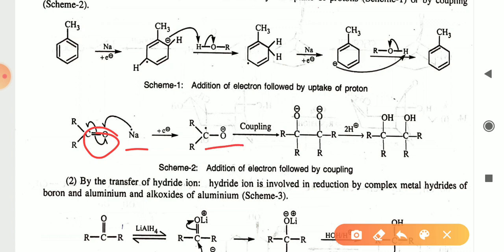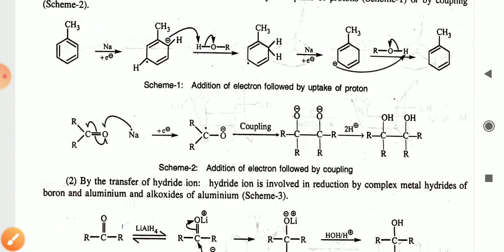Now in the coupling reaction, 2 moles of this carbonyl compound will couple with each other and form the C–C bond here, and the 2 oxygens have a lone pair over here. On addition of 2 moles of hydrogen, this will convert into the diol. So this is the simple coupling reaction.